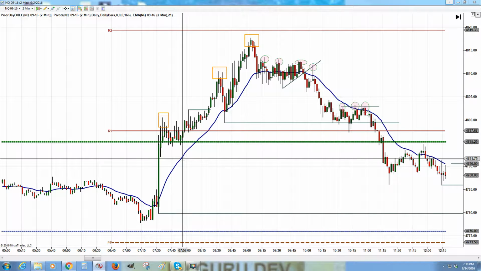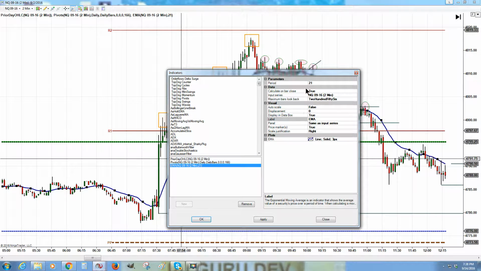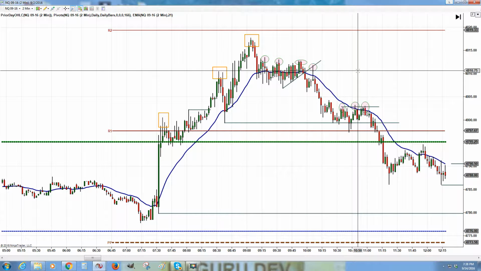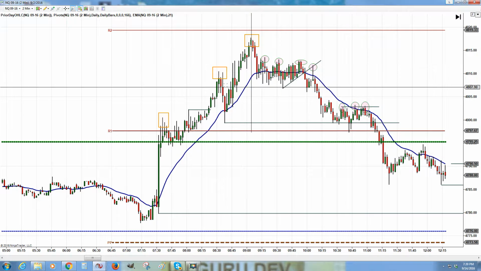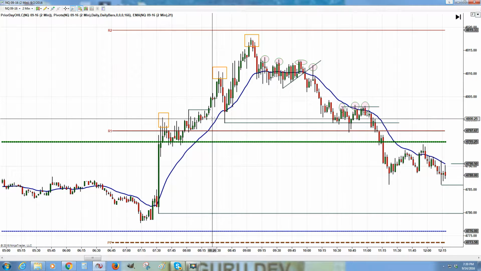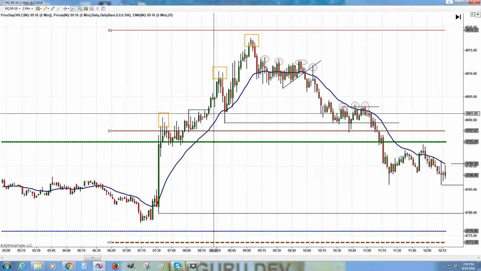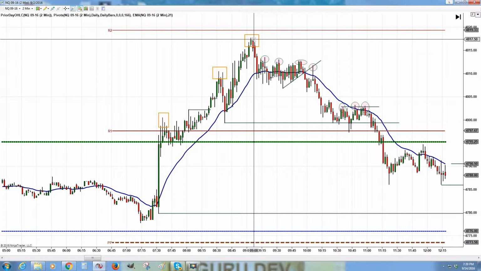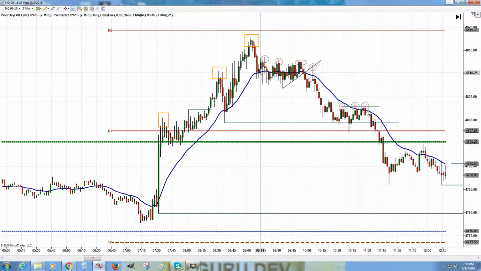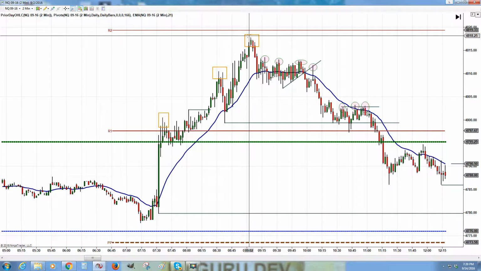Now you see I've also added a single moving average, and it's a 21 period exponential, which is used by millions of traders, at least. Anyway, the price is always on the north side of the 21 moving average, all the way up to the high.